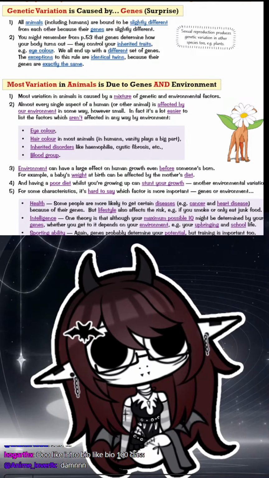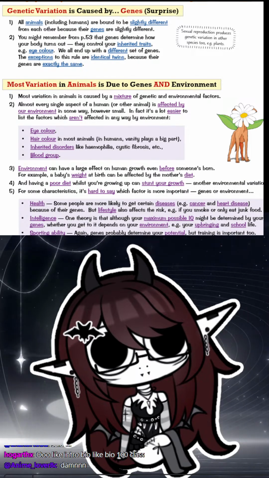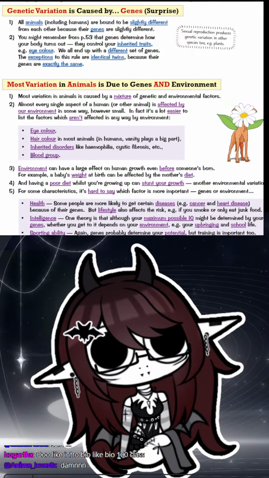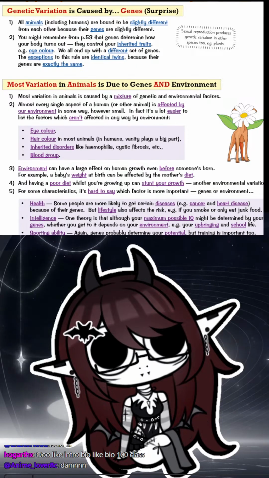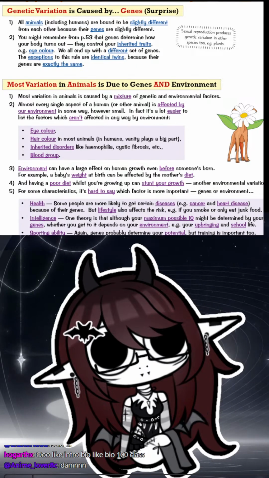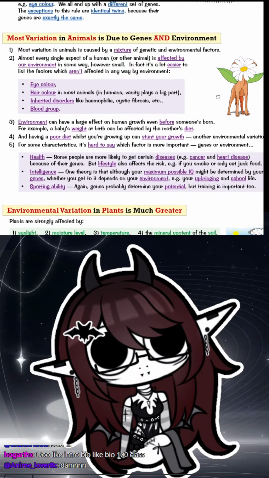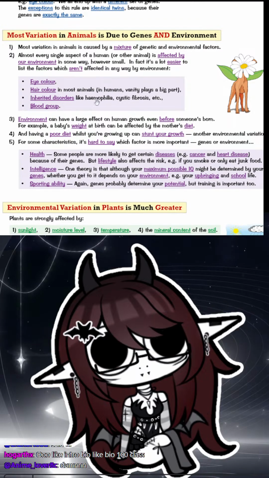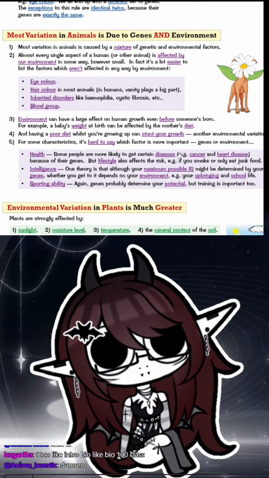Most variation in animals is due to genes and environment. Almost every single aspect of a human or other animal is affected by our own environment in some way, however small. In fact, it's a lot easier to list the factors which aren't affected in any way by the environment: eye color, hair color, inherited disorders, and blood group.